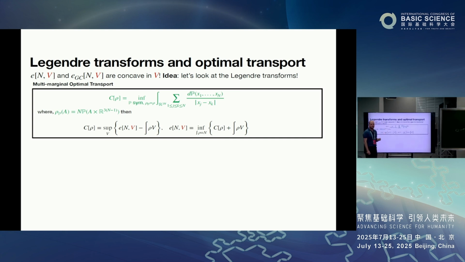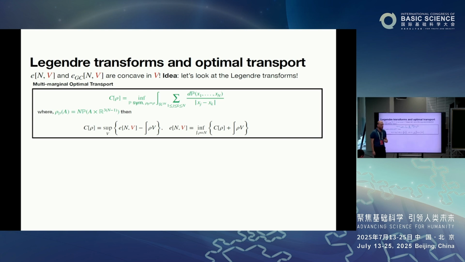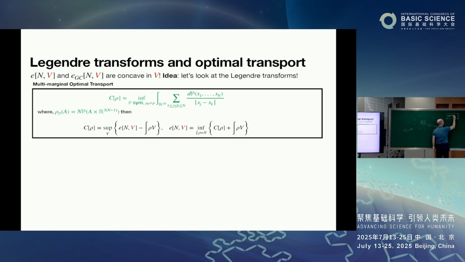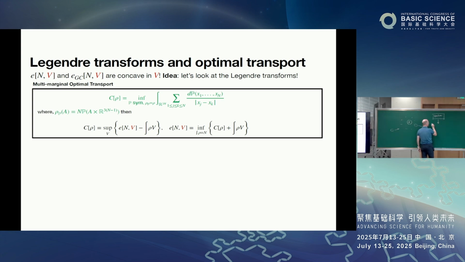And so what I did is take the Legendre transform. Instead of using V as the variable, I go to its dual, and now the dual is just a density. So just to give you the picture again, I have the quantum energy, and I'm going to the classical one.